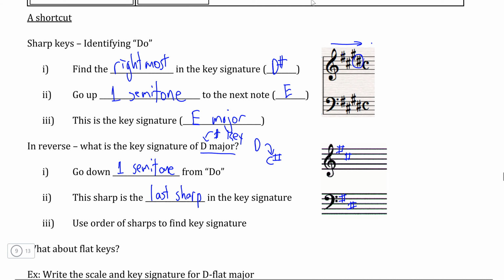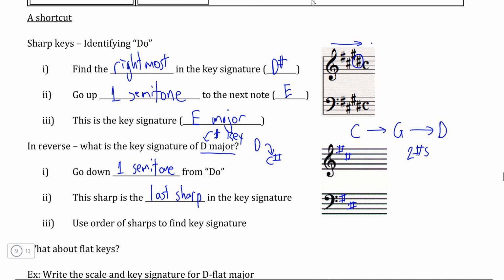Just to confirm that this method works identically and gives us the same result as the circle of fifths approach, we can test that to prove that this is true. From middle C, if we count up a perfect fifth, C, D, E, F, G, and then count up another perfect fifth, G, A, B, C, D, we see that it took two perfect fifths to go from C up to D, and therefore D major would have two sharps, F sharp and C sharp.